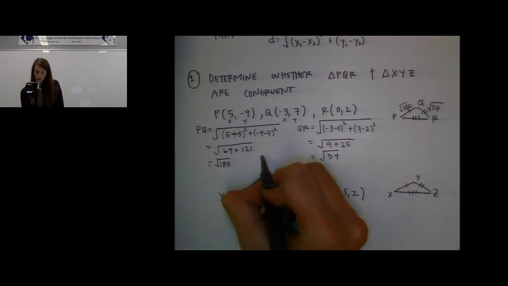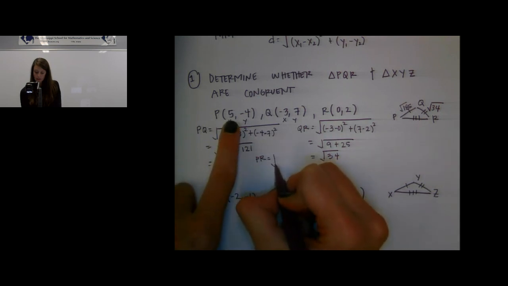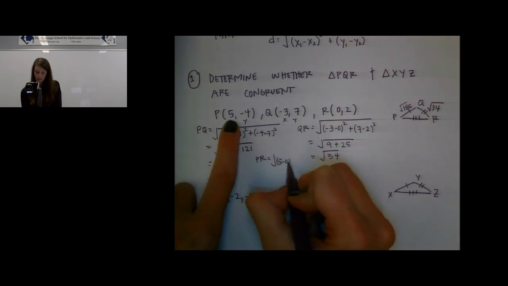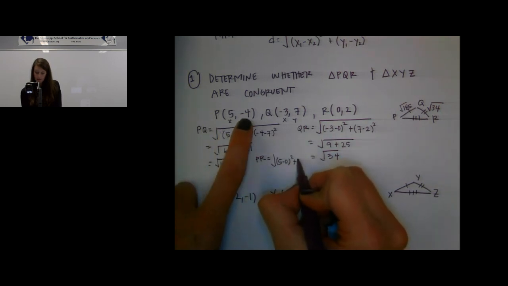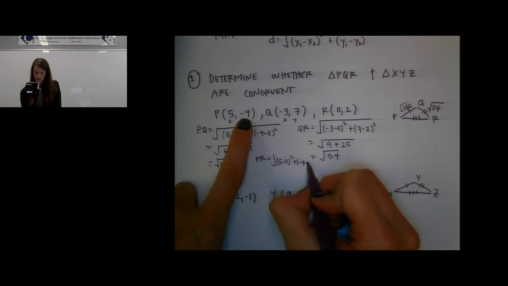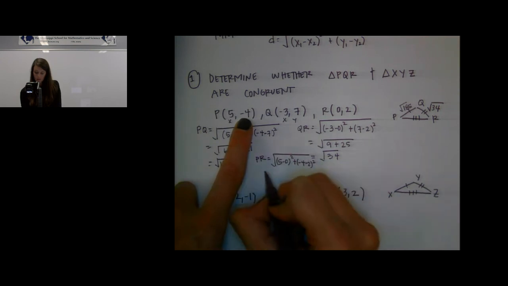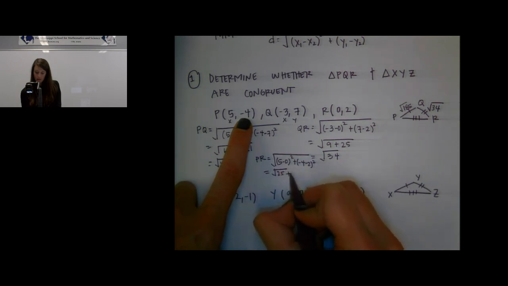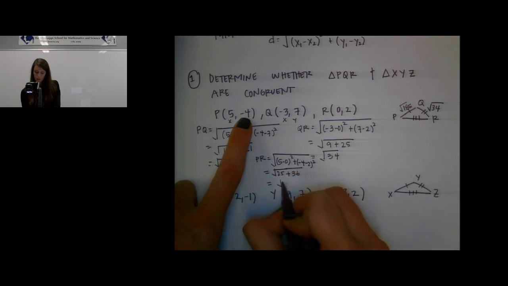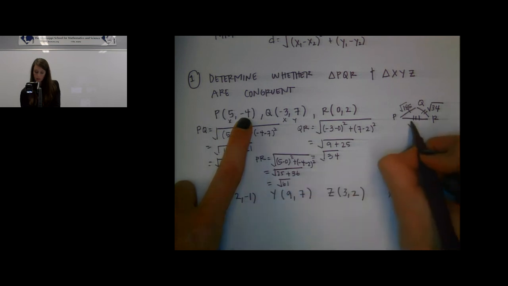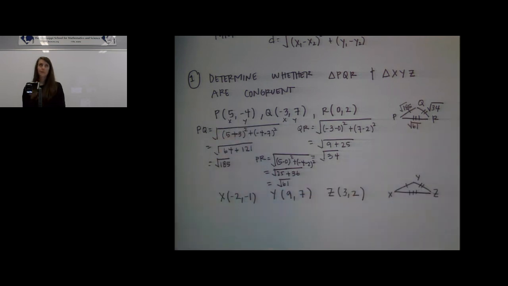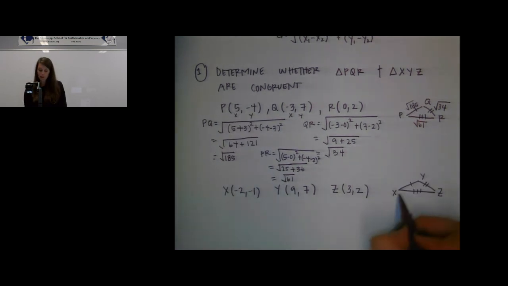And then PR: it'll be 5 minus 0 squared plus -4 minus 2 squared. That'll be 25 plus 36, and the square root of 61. Now, same thing, we want to find XY.